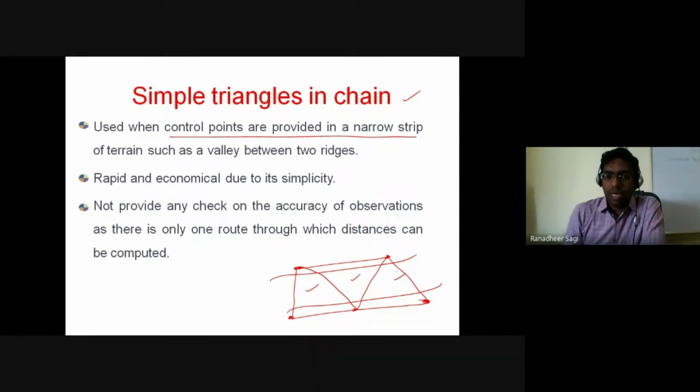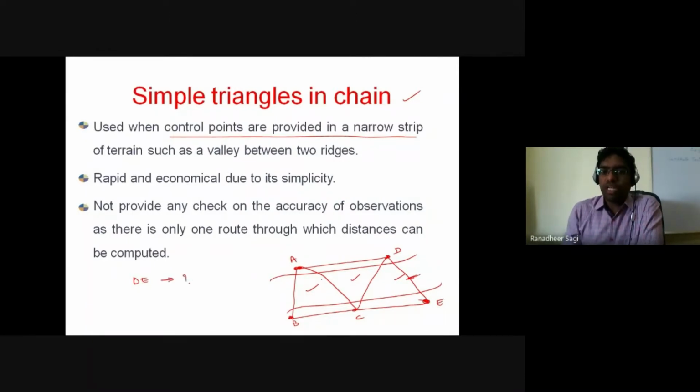Let's say I name some triangulation stations A, B, C, D, E. Let's say I want to find the length of the line DE.